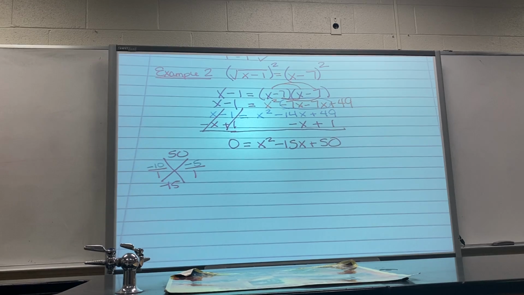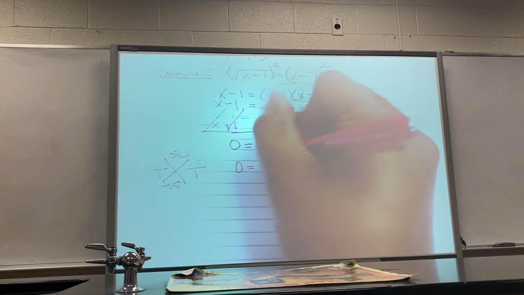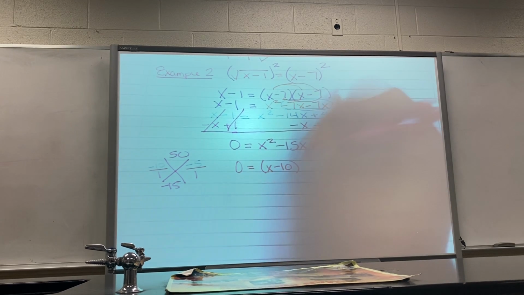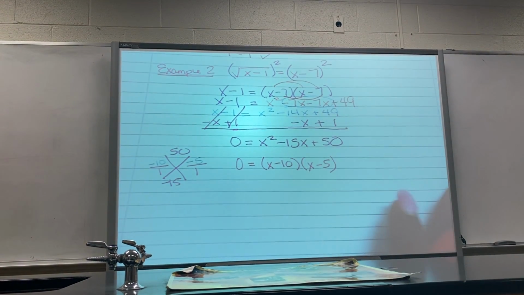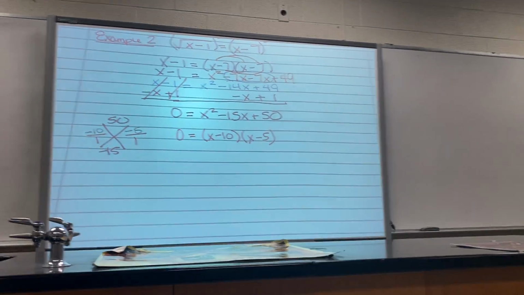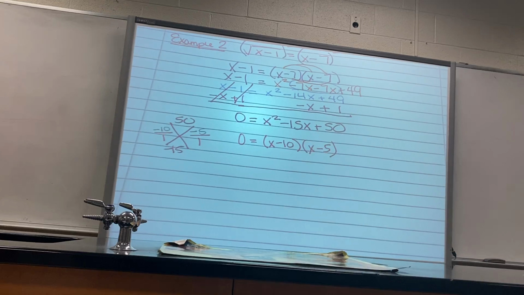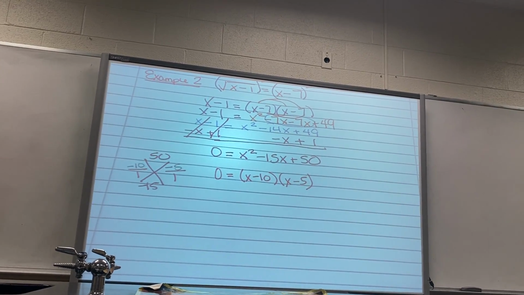I can't simplify those any. So I have 0 is equal to x minus 10 and x minus 5. Questions so far?